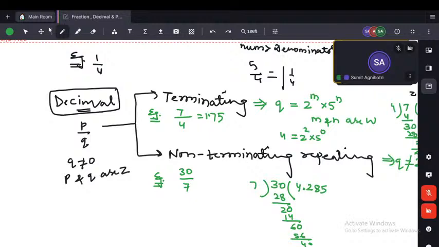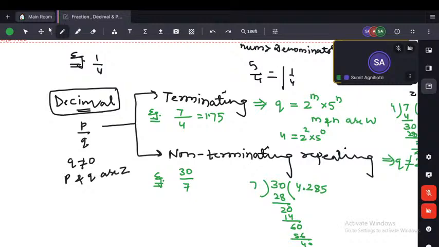That's why we generally write it like this, 4.28571. Again it will come, 4.28571, and after that we will get 7 4s are 28, then 7 2s are 14, and so on.